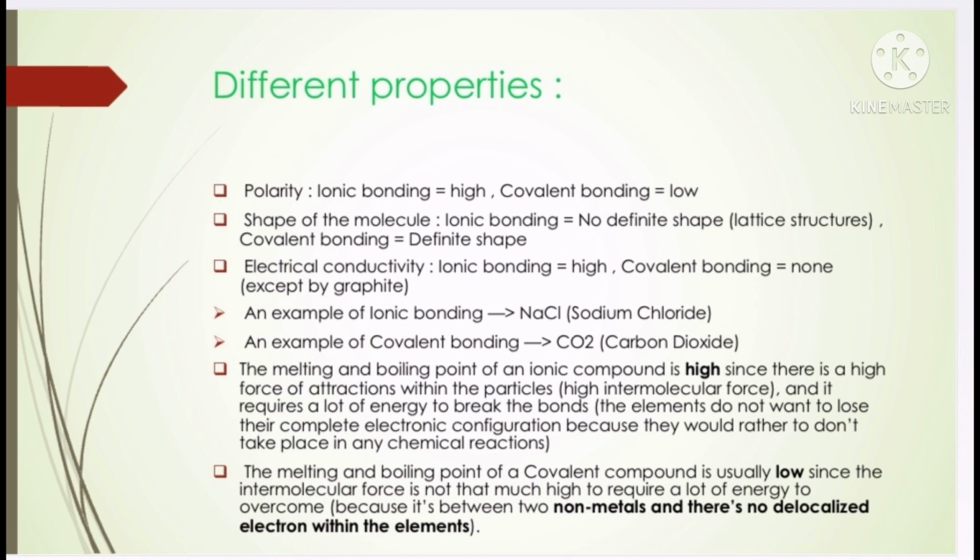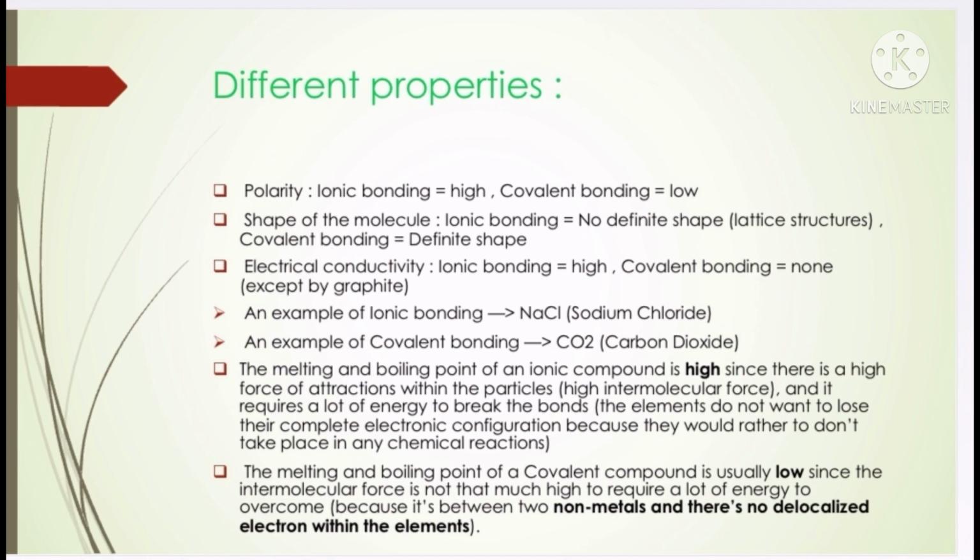And as you know, the elements on the periodic table do not want to lose their complete electronic configuration. If they are not in group number 8, that means they do not have a complete electronic configuration while neutral.